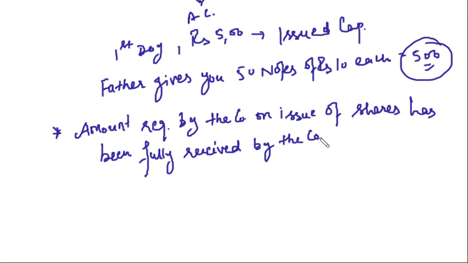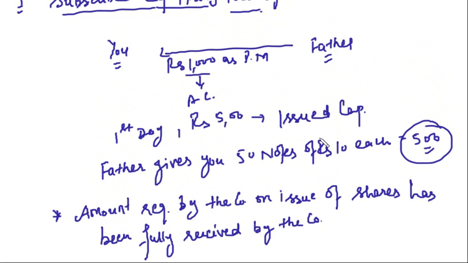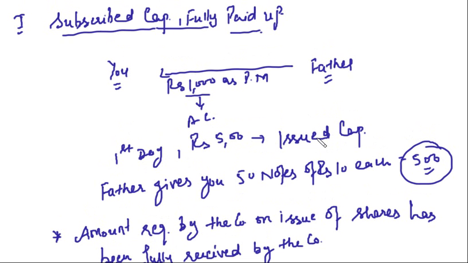If the company issued shares for 2 lakh, then it has received the amount on those shares fully from the outsiders. There is no pending amount. You asked for 500, your father paid you 500. This is called subscribed capital fully paid up.